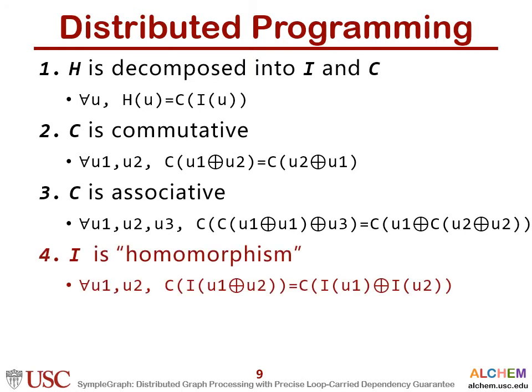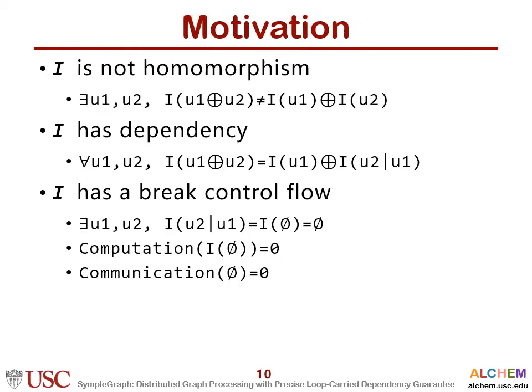But the most important property is that I should be a homomorphism. It means that we can process the neighbors of v, u1 and u2, independently in parallel. This is to ensure efficiency and parallelism. And these four properties are common in previous programming abstractions.